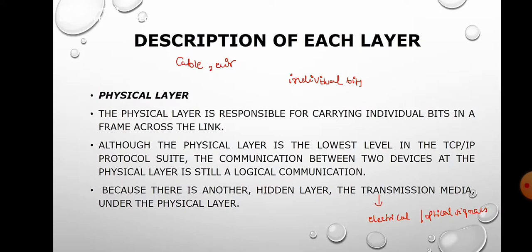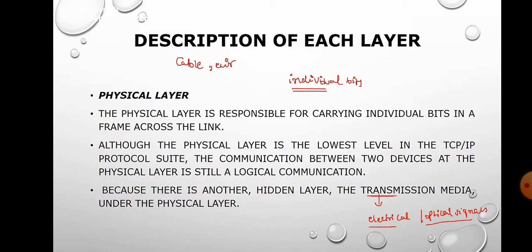There are several protocols that transform the bits into a signal. As I mentioned before, the physical layer is responsible for carrying the information in terms of individual bits. But through the transmission medium, the information is carried in terms of electrical or optical signals.